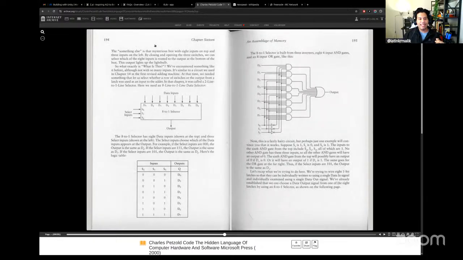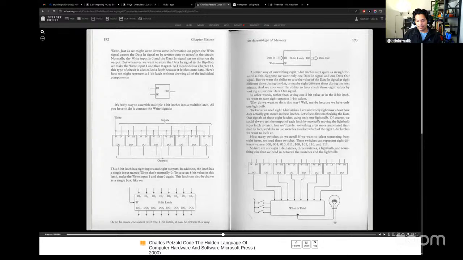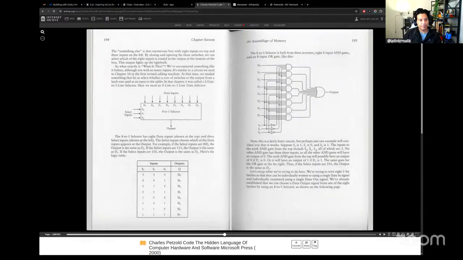So this something else is that mysterious box with 8 inputs on top and 3 inputs on the left. With these 3 inputs on the left, we are basically selecting which of the bits we want. By closing and opening the 3 switches, we can select which of the 8 inputs is routed to the output at the bottom of the box. This output lights up the bulb.